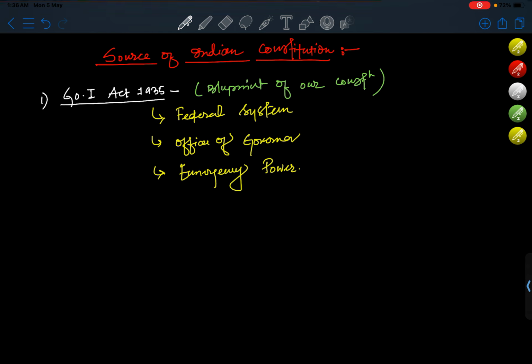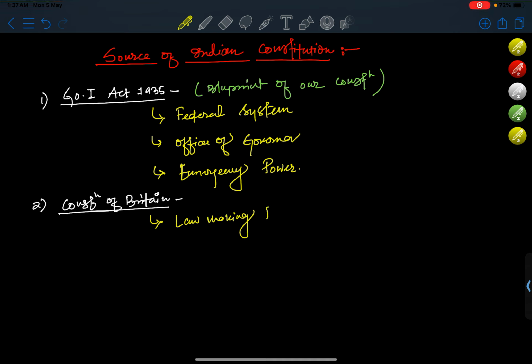Next is the Constitution of Britain. The number one thing that has been taken from the Constitution of Britain is the law making procedure. Like in India, we have the Lok Sabha, the lower house, and the upper house, the Rajya Sabha.